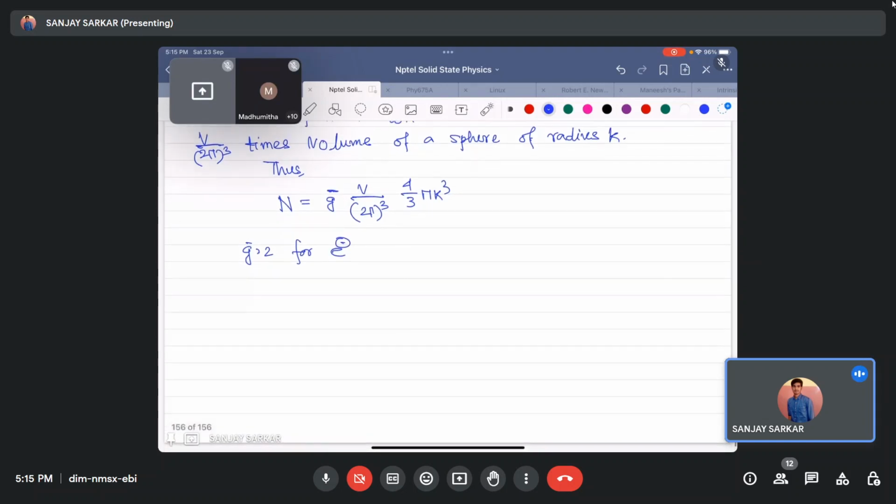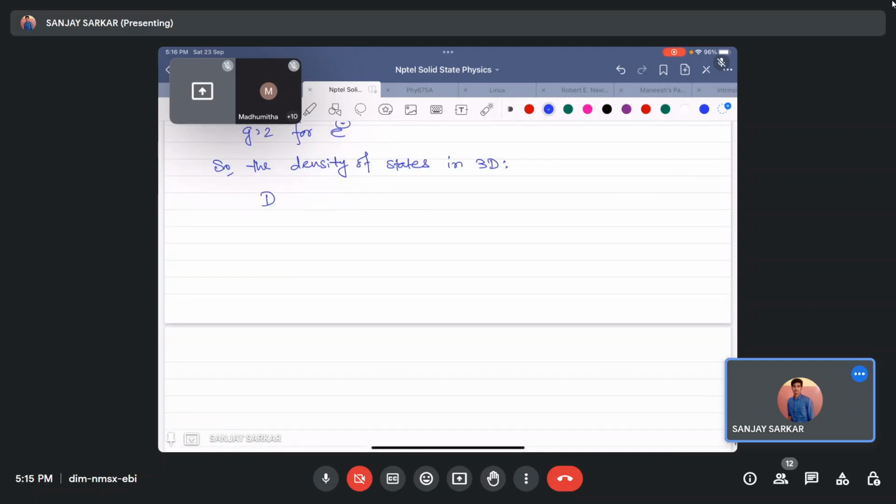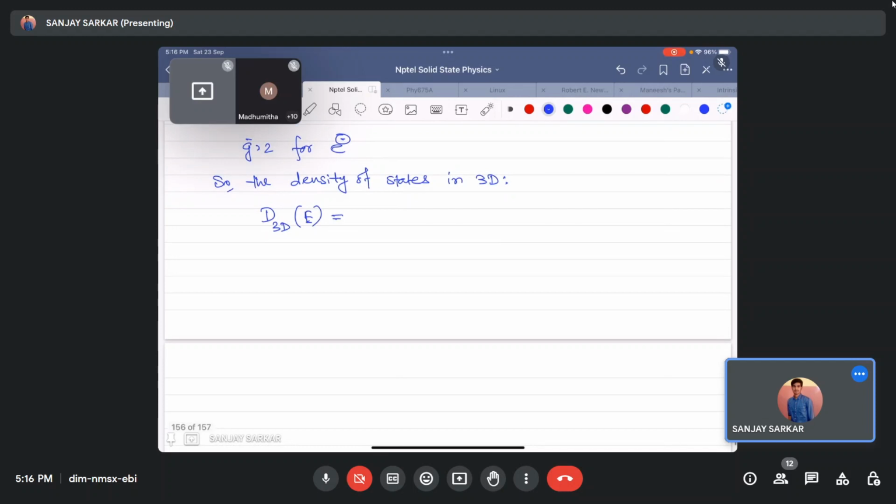So the density of states in 3D will be D of 3D. So 3D is because we are calculating for the 3D system. So it will be ḡ into 1 upon V into ∂N/∂E. Sorry, ḡ is not there.